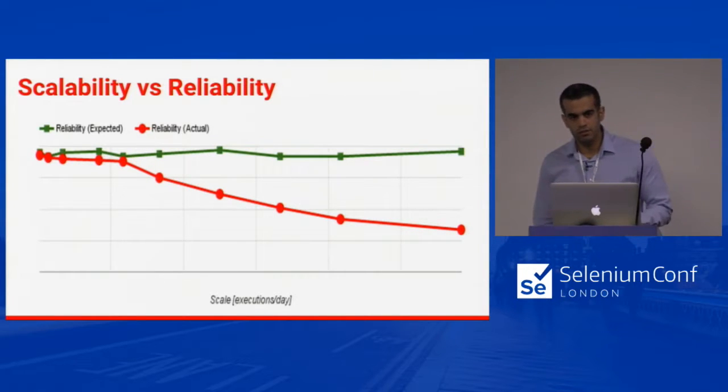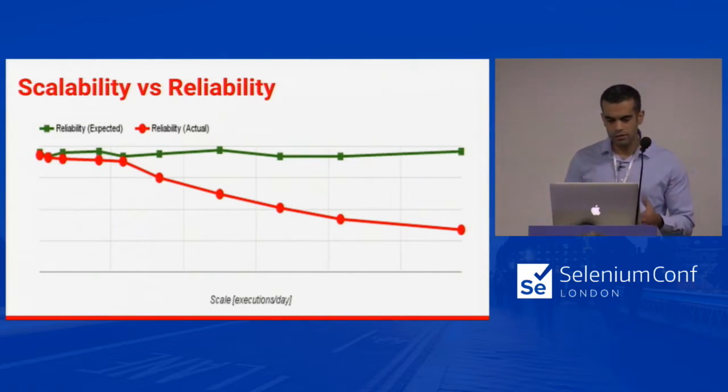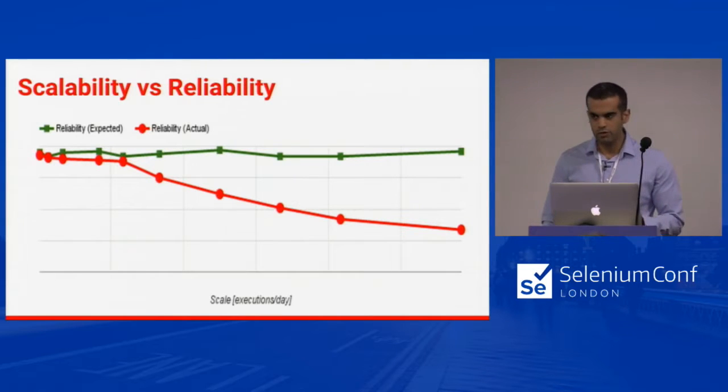And in most cases, we will give up on the stability and reliability of our testing platform for the sake of having more testing capacity and executions per day or per hour or any defined amount of time.